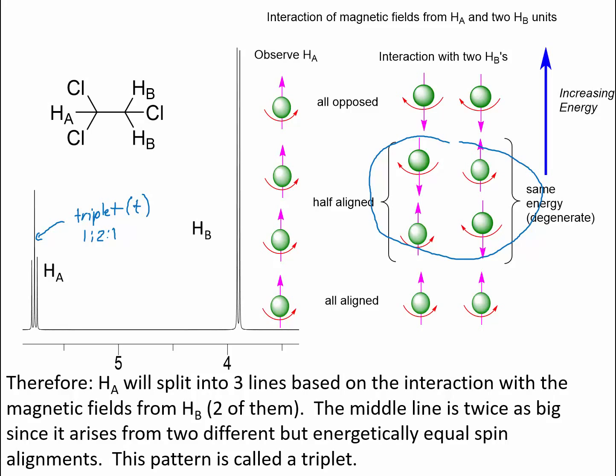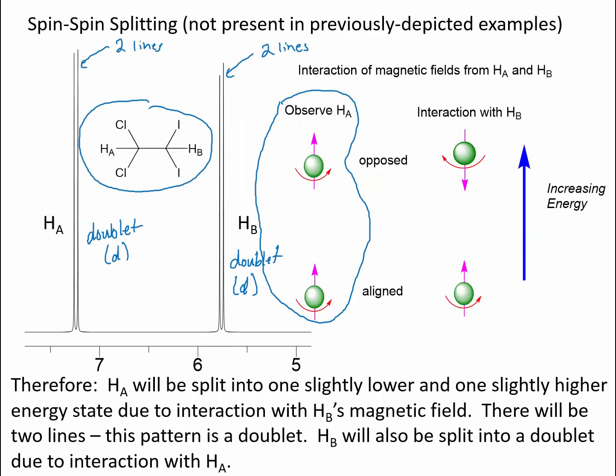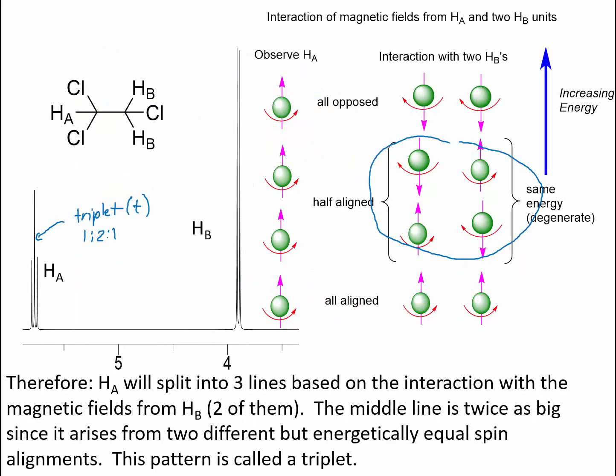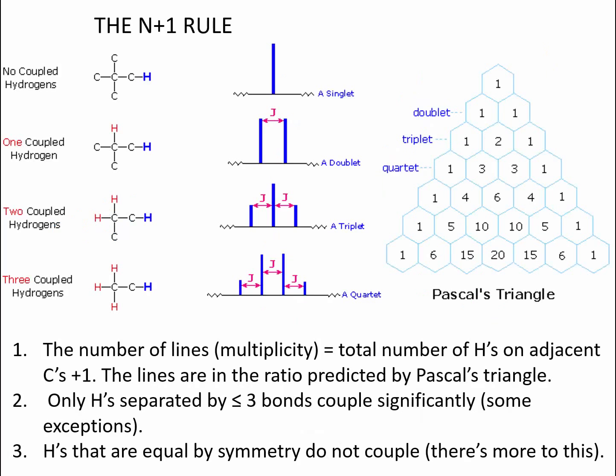This is because if we look at the hydrogens on the adjacent carbon, there's only one of them. And this becomes like the situation before where there's only one hydrogen on the adjacent carbon. You get a doublet. So we can look at the pattern we have and tell how many hydrogens are on the adjacent carbon. This simple pattern is called the N+1 rule.